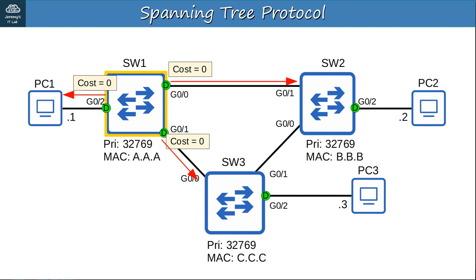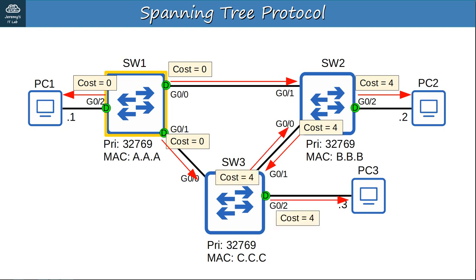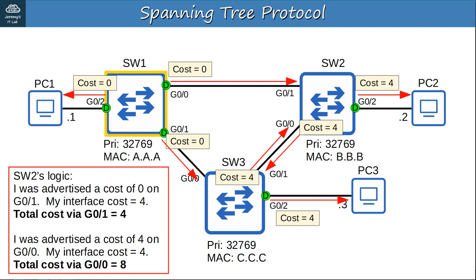Switch 2 will receive the BPDU and add the cost of its outgoing interface, G01, which is 4, when it floods those BPDUs out of its interfaces. Switch 3 will do the same. So which port do you think switch 2 will choose as its root port? Here is its logic. It was advertised a cost of 0 on its G01 interface.